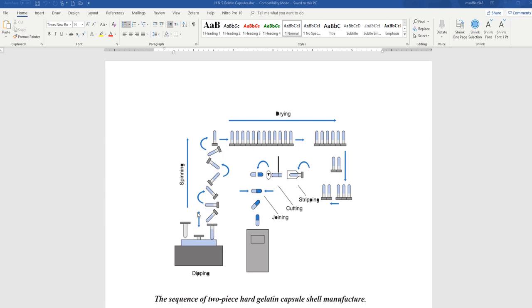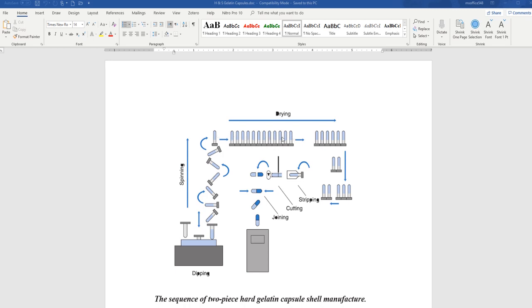That's why you need to do spinning, meaning rotation. You need to rotate the pins in different directions so that the melted gelatin spreads evenly around the pin. Okay, after spinning, you will do a drying process. You will dry it in a controlled temperature and controlled humidity.